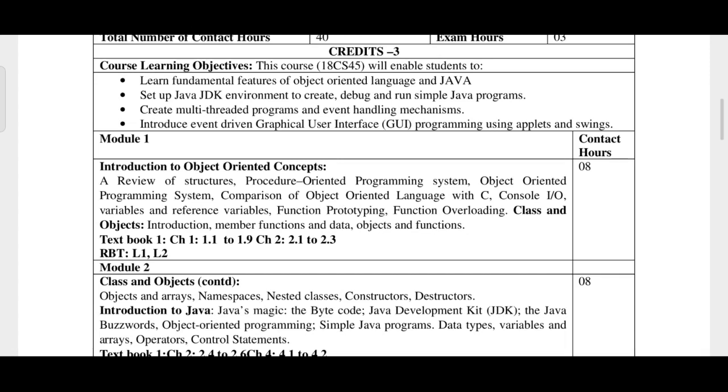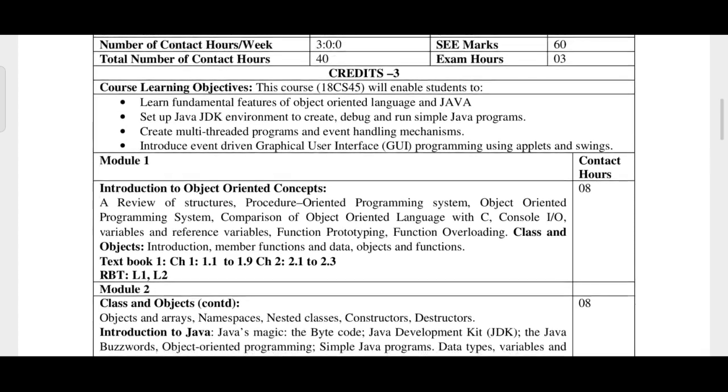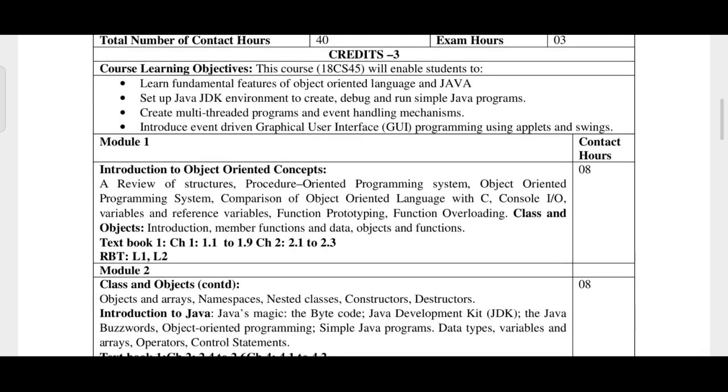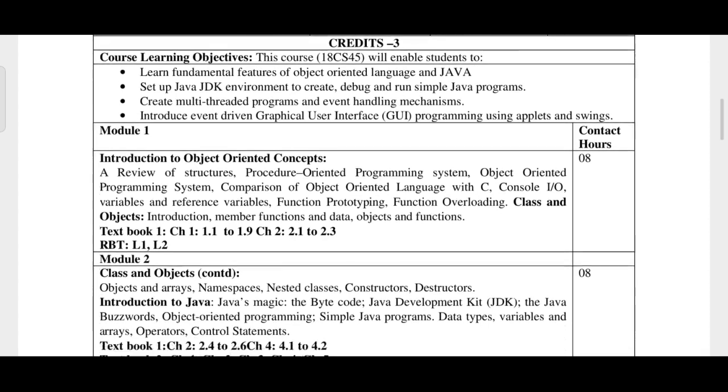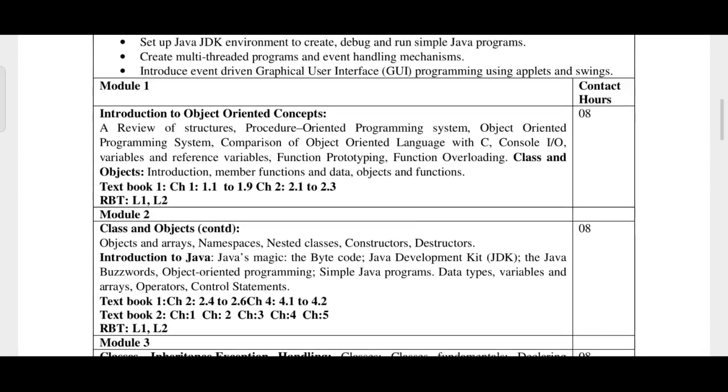So introduction to class, meaning of object, member function and data, objects and functions. These are the topics we'll be discussing in module number 1, followed by module number 2, continuation of classes and objects. Here object and array, namespace, nested classes and constructors, destructors. So these are the topics we will be studying from the C++ point of view.